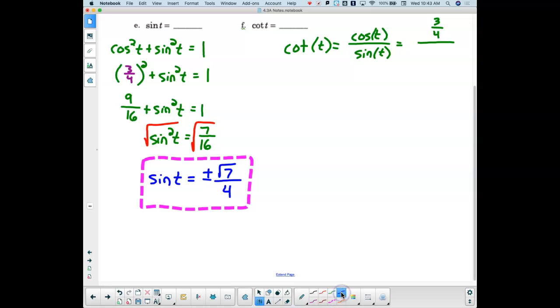Sine was what? Dividing fractions, what do we do? Flip and multiply. So this is going to be 3/4 times 4 over plus or minus the square root of 7, which is 3 over plus or minus the square root of 7, right? Do we like that? No, what do we like instead?